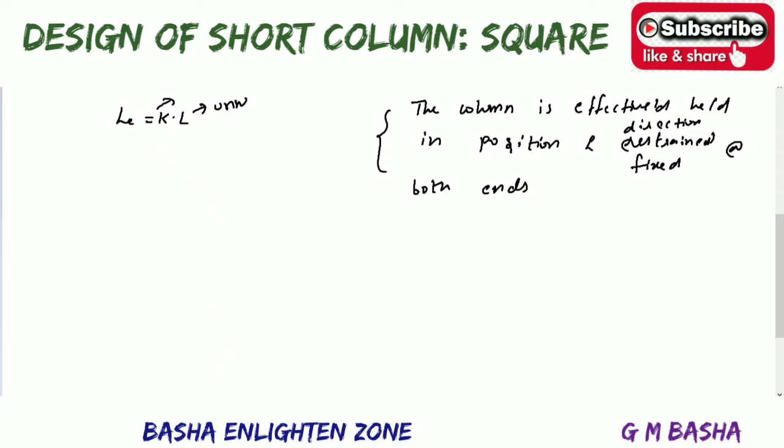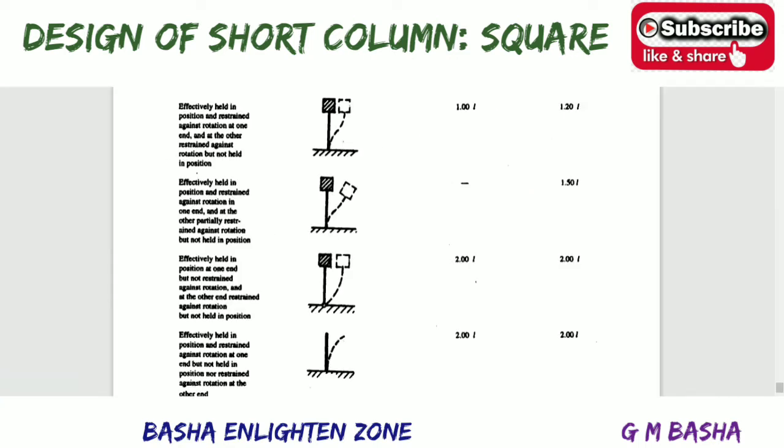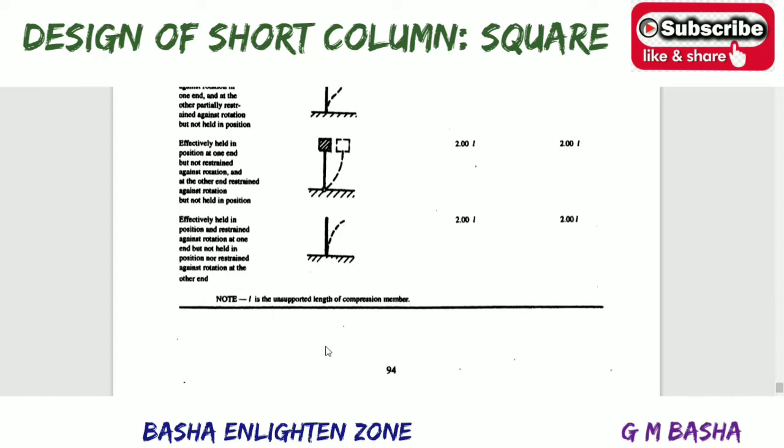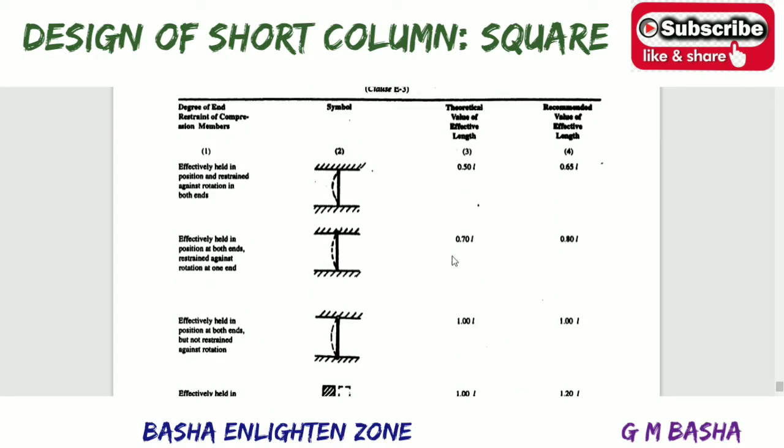See here in the code book, on page number 94, there is a table for the effective length of the column. What is the meaning of effective length? We already know that the effective length of a column is the distance between the points of zero bending moment, or points of contraflexure, of a buckled column.